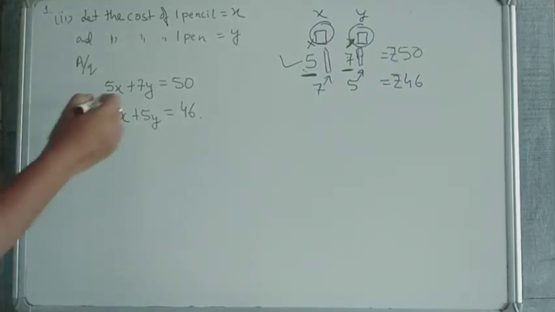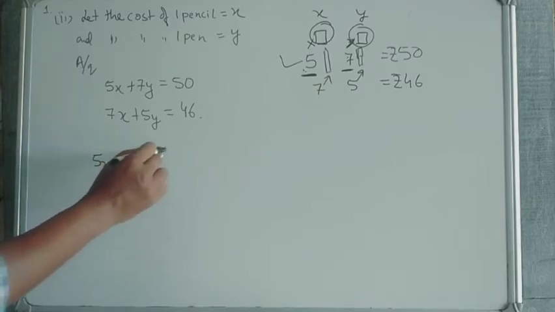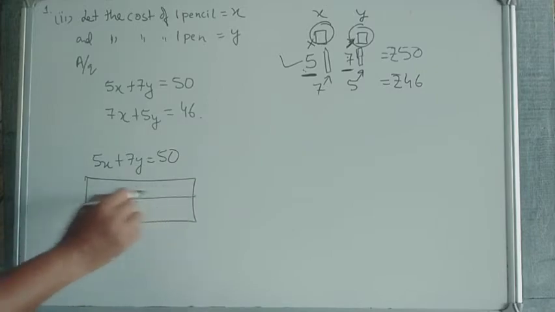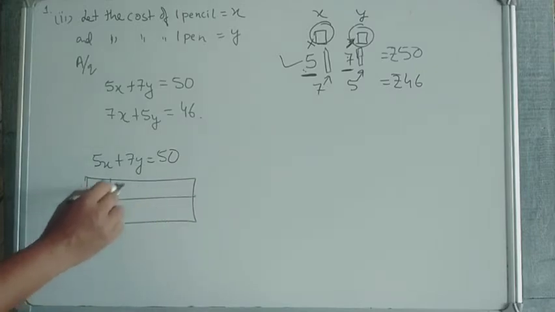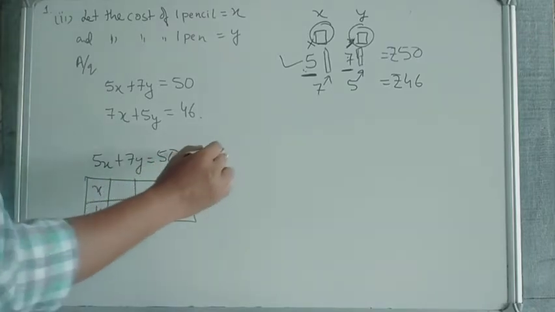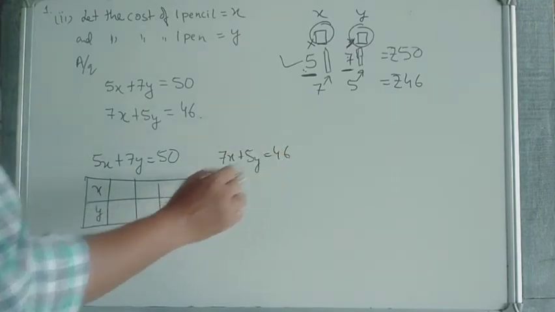Now next, 5x plus 7y is equal to 50. You have to find out the values of this one, and 7x plus 5y is equal to 46.